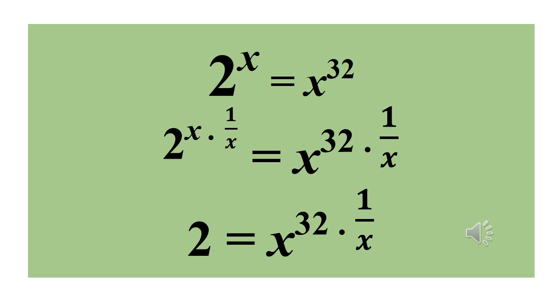So we then have 2 raised to power x equals x raised to power 32. If we multiply both powers by 1 over x, we have 2 raised to power x times 1 over x equals x raised to power 32 times 1 over x. So the x will cancel x at the left side of the equal sign. So we have 2 left. So we now have 2 equals x raised to power 32 times 1 over x.